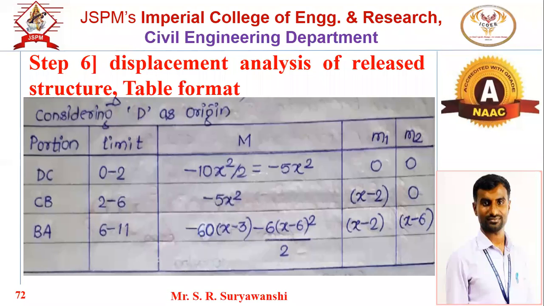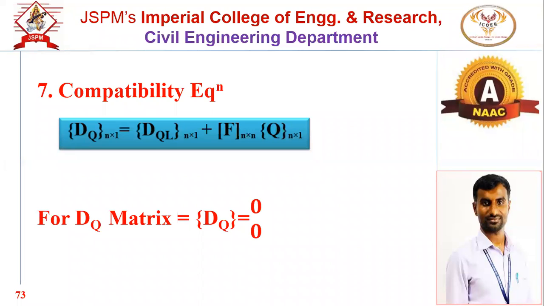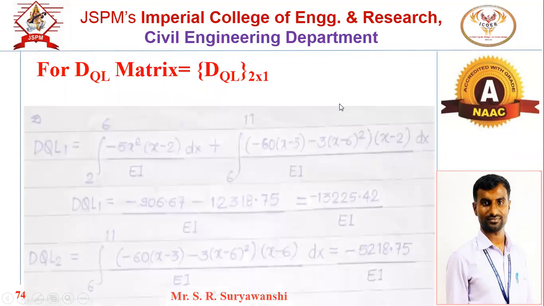Okay. Now next is the compatibility equation. So apply the compatibility equation: delta Q is equal to delta QL plus F into Q. Then delta Q, as no displacement is given in the structure, is a null matrix. So for delta QL, we have to apply the same funda.